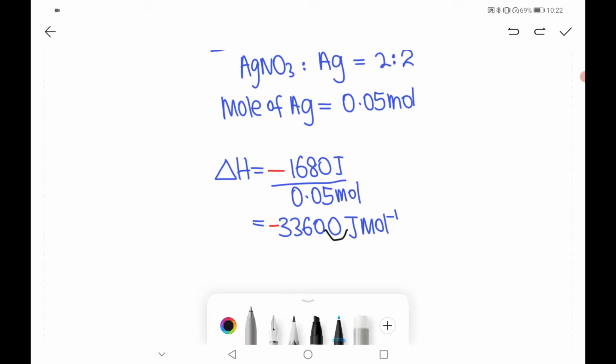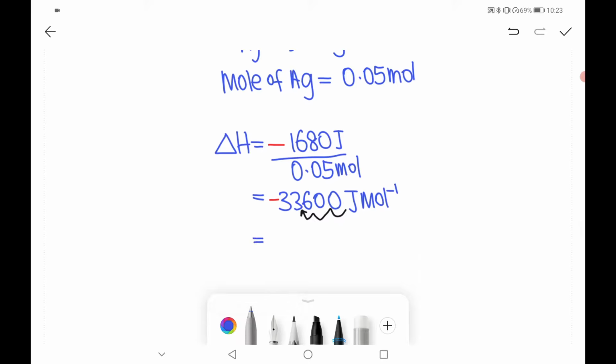We move 3 steps to the right. So we will get negative 33.6 kilojoule per mole.